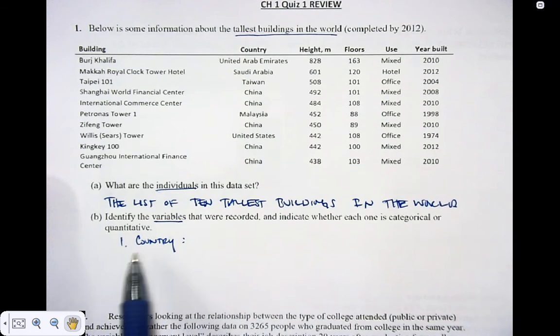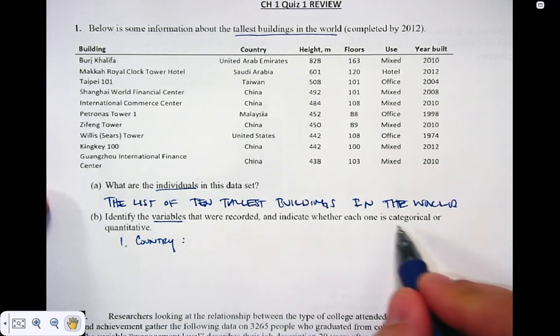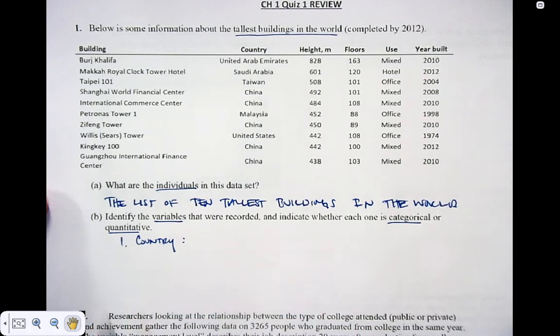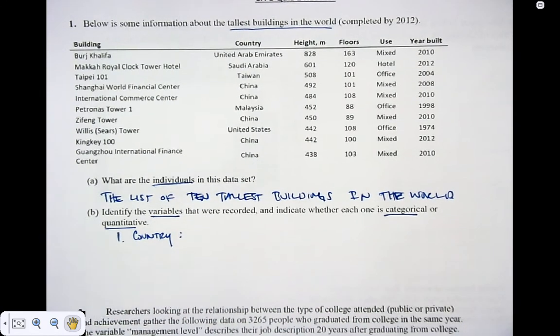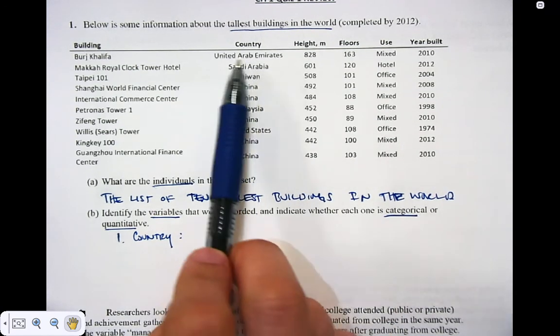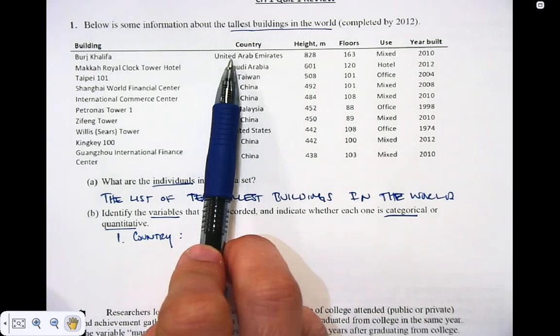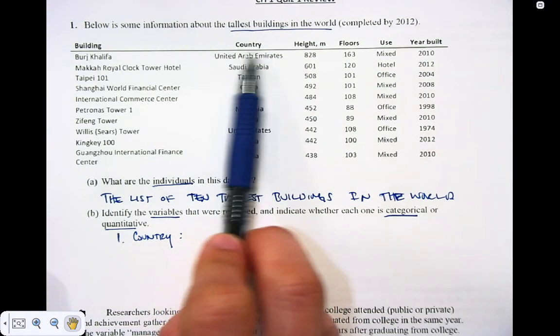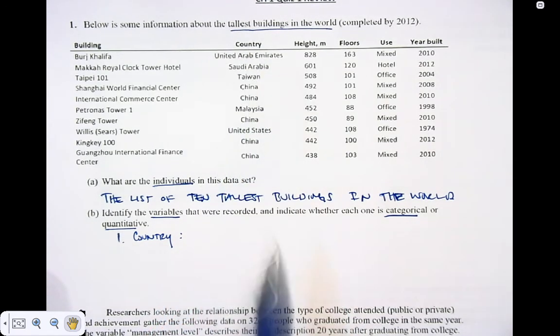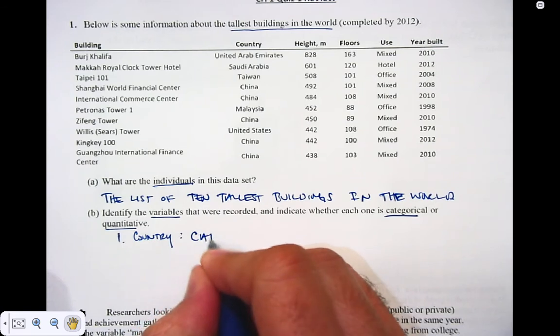Okay, and so I want you to list the variable, but then it says specifically indicate whether one is categorical or quantitative. And so you'll remember back from the notes, hopefully, categorical variables are variables that describe the individual and it does not make sense to take an average. So in this case, it doesn't make sense to take the average country. So country would be categorical.